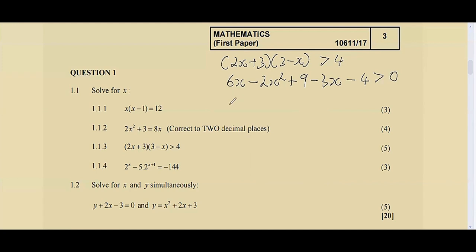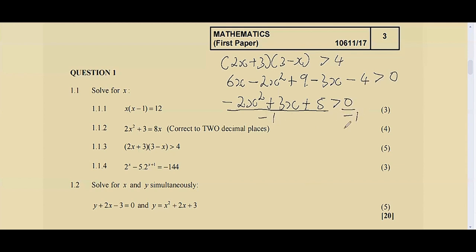And then if we arrange this to standard form, this is negative 2x squared. 6x minus 3x, that's positive 3x. 9 minus 4, that's positive 5. And then greater than 0. Now that we have our a value as a negative, we can just go ahead and divide everything throughout by negative 1.